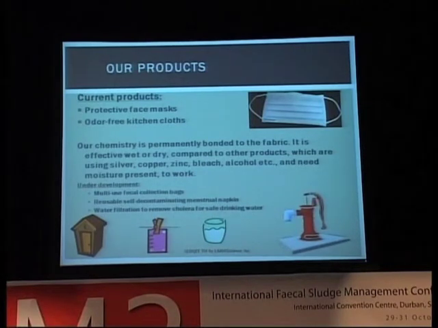Our chemistry is permanently bonded to the fabric, to a non-woven fabric. It is effective, wet or dry, compared to other products using silver, copper, zinc, bleach, or alcohol. We always need some moisture present to do work.